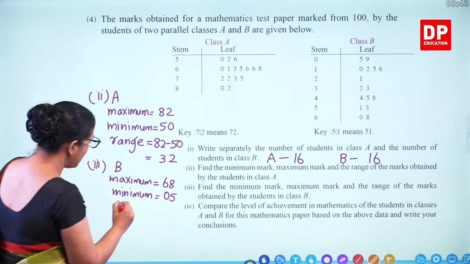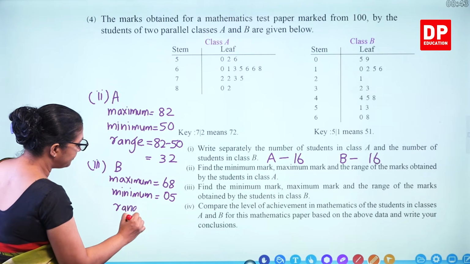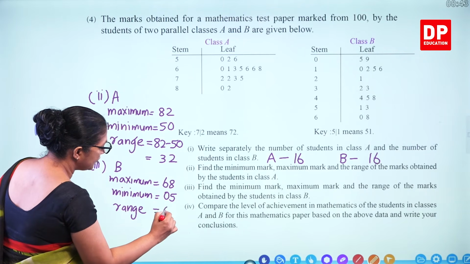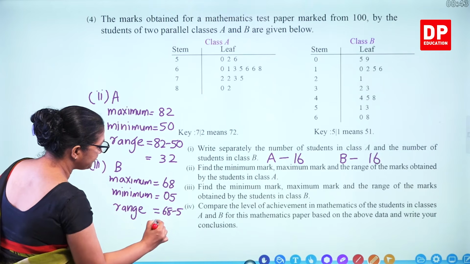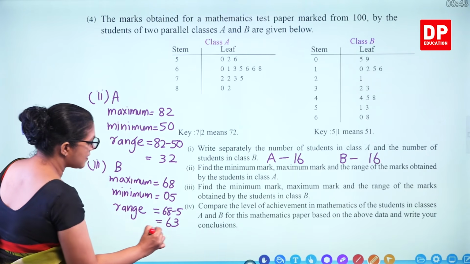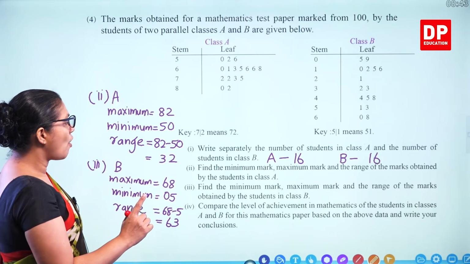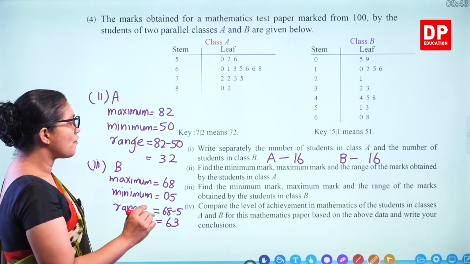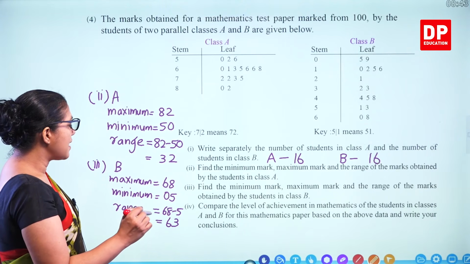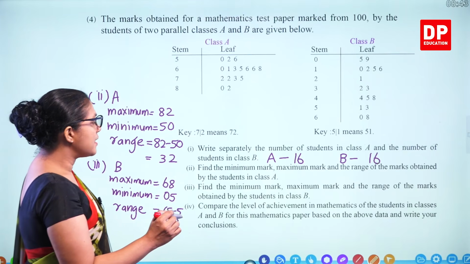And the range is the difference. 68 minus 5, 63.